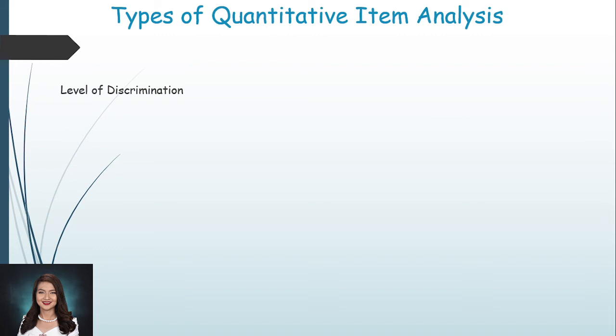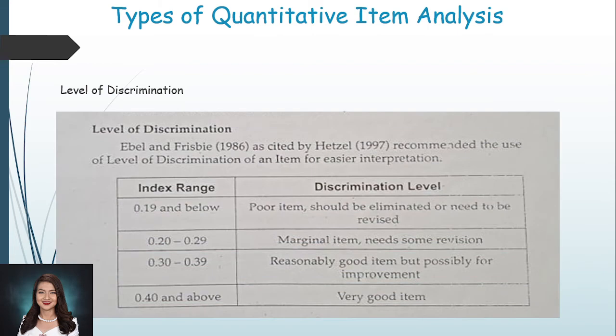According to Ebel and Frisbie 1986, as cited by Hetzel 1997, they recommended the use of level of discrimination of an item for easier interpretation. Here we have the index range and the discrimination level. From 0.19 and below, that is a poor item, which should be eliminated or revised.